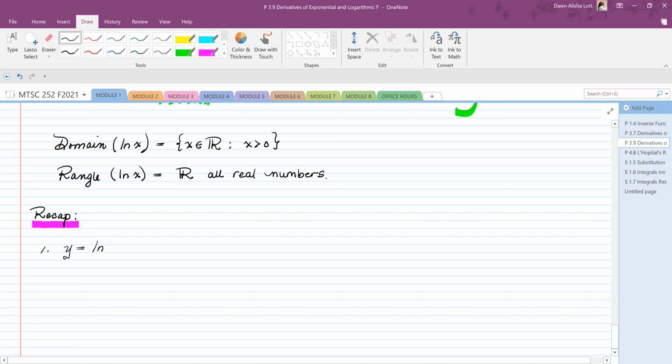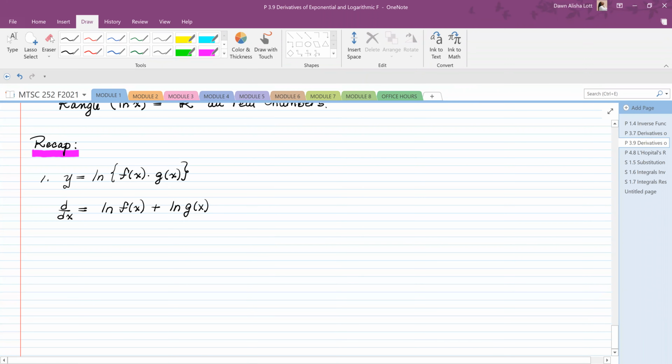Y equals the log of two different functions multiplied. Then I'm going to simplify it first to make it the log of f of x plus the log of g of x. I'm going to simplify it first.